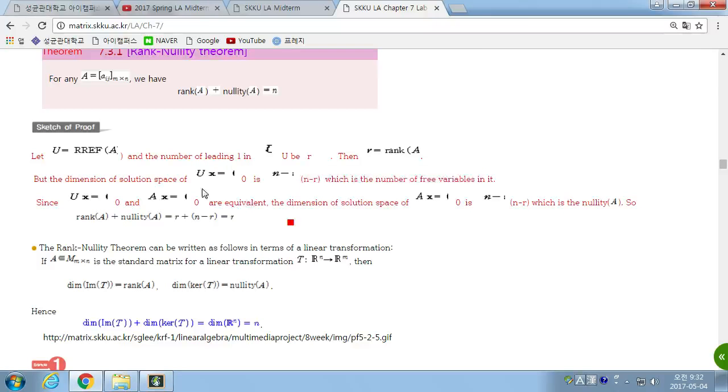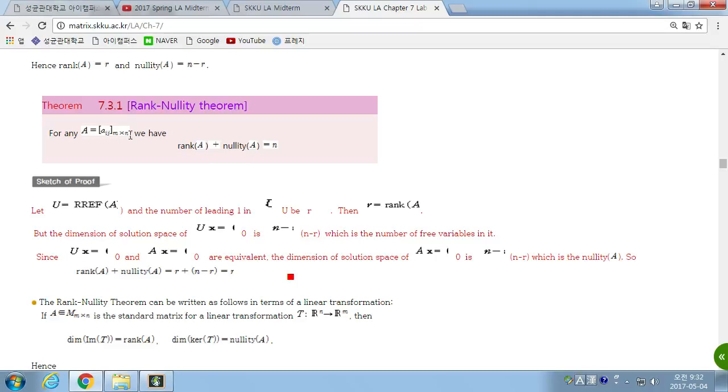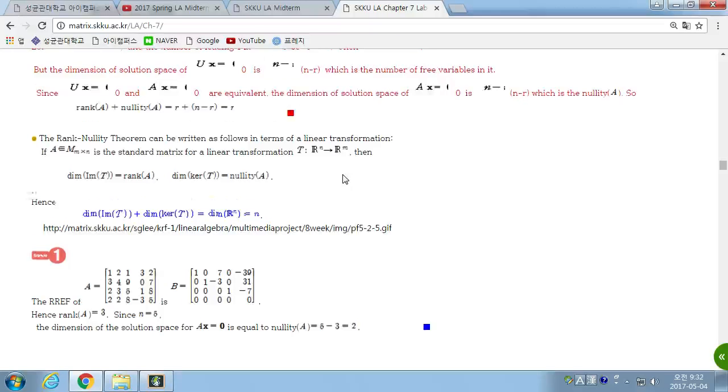Since Ux equals 0 and Ax equals 0 are equivalent homogeneous linear systems of equations, the dimension of the solution space is n minus R, which is the nullity of A. So rank of A, which is R, plus the nullity of A, which is n minus R. If you add those two, it should be n, which is the number of columns of A. So this is the rank nullity theorem.